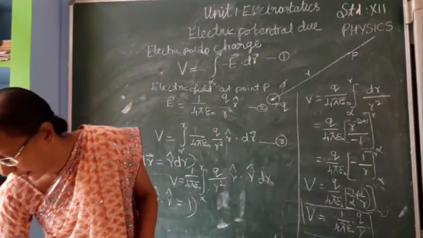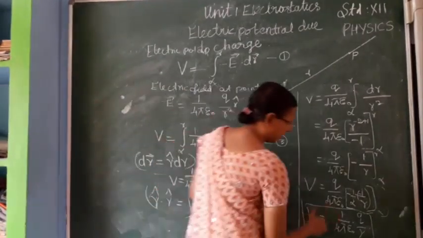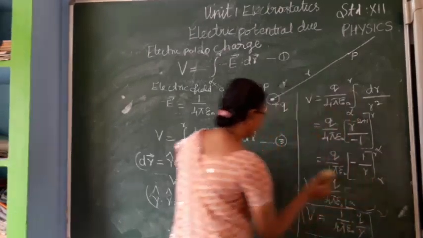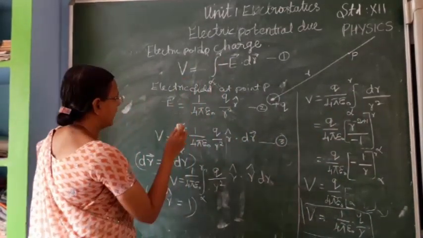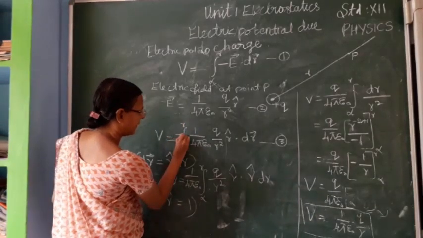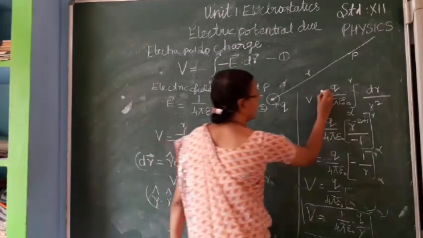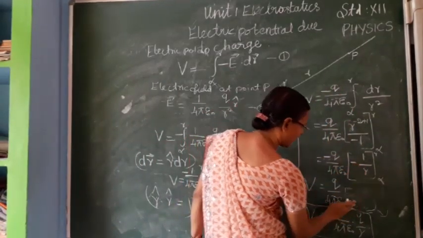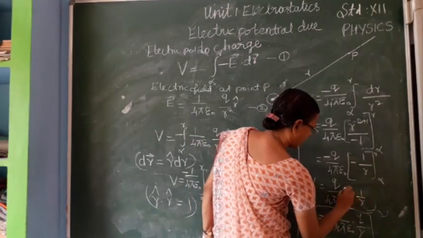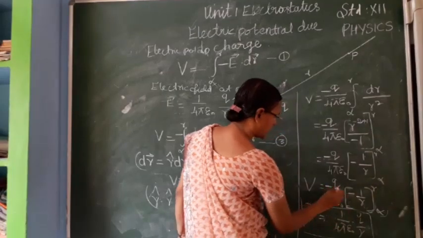Okay. So here one more thing, you see, this term is correct only. This minus, here the minus will come. In all the steps we have left the minus. So minus, minus, minus, here minus, so minus 1 by R, R infinity to R. So here also minus.